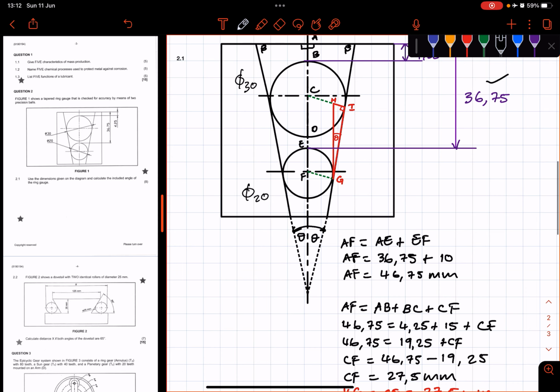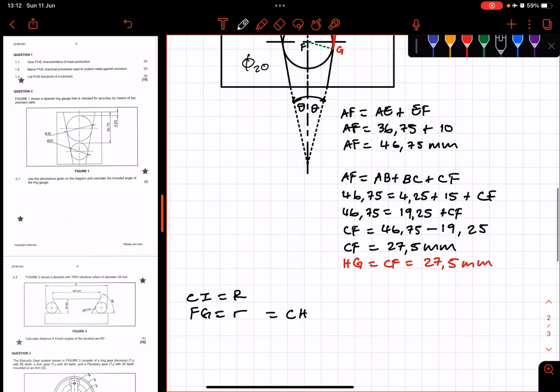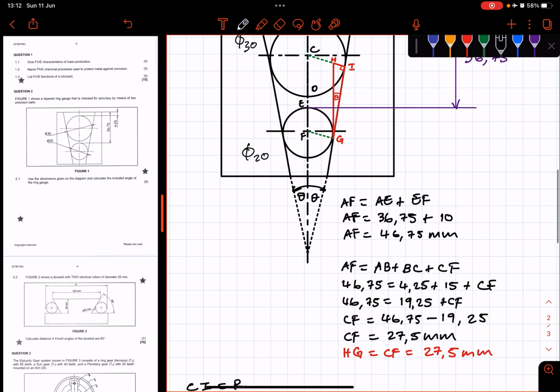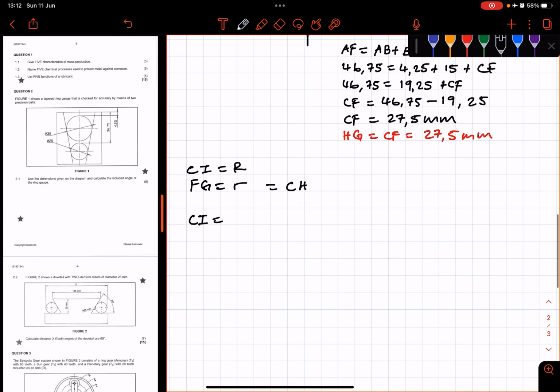Now, let's look at HI. HI is a part of which algebraic expression? CI is equal to CH plus HI, right? Now CI is the radius, so this is R, and CH is the small radius, so R plus HI, right?